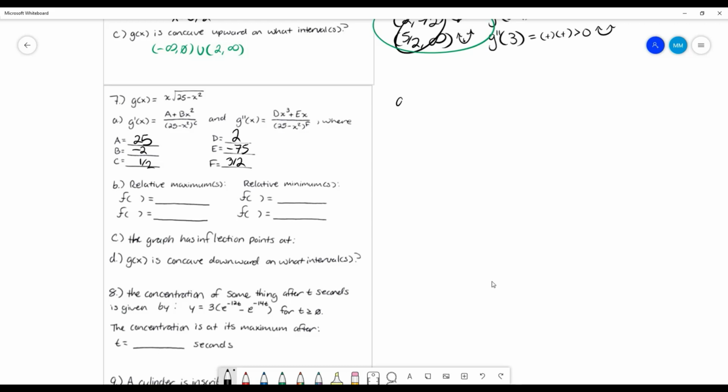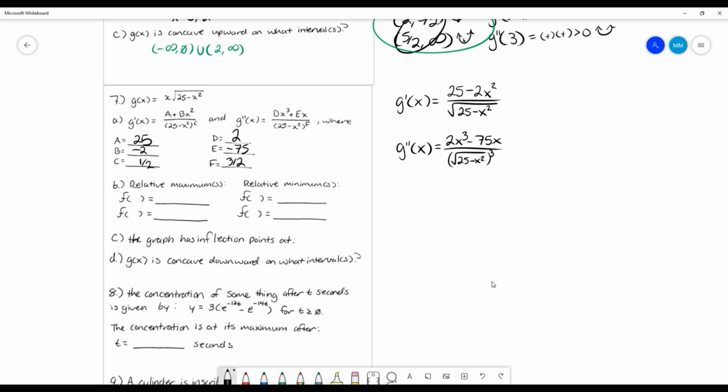All right, so that first derivative is this here. Okay, and our second derivative was this. Okay.